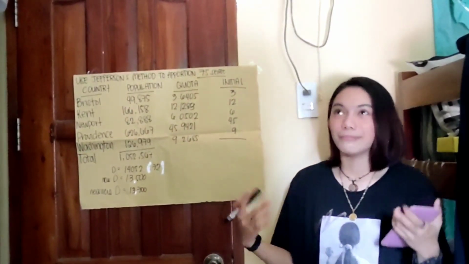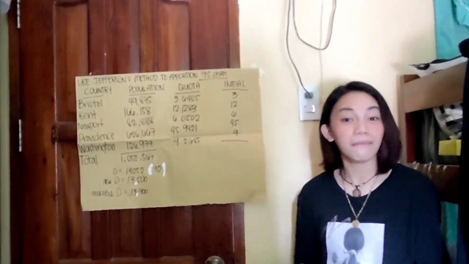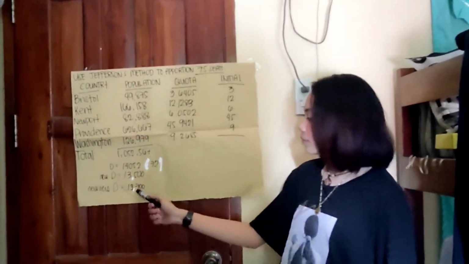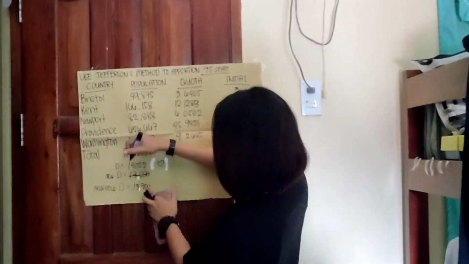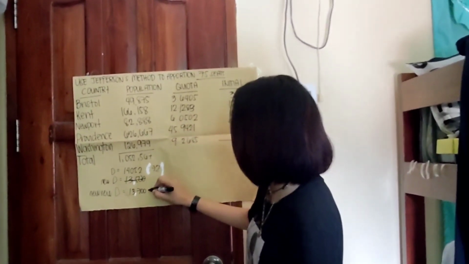So let's think of another new divisor so that it will be 75 seats. We increase our new divisor to 13,000. So let's scratch it and use 13,000.